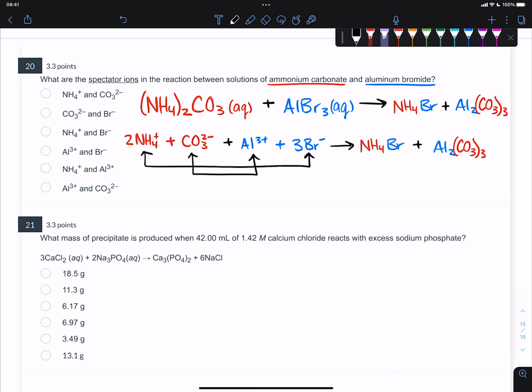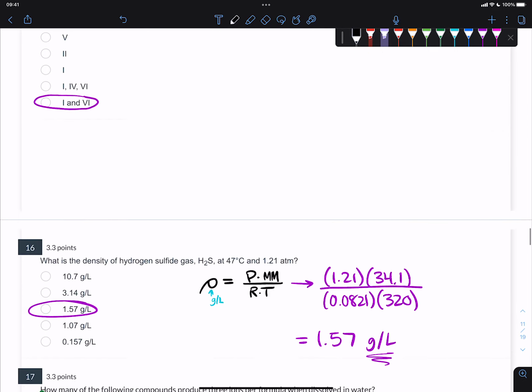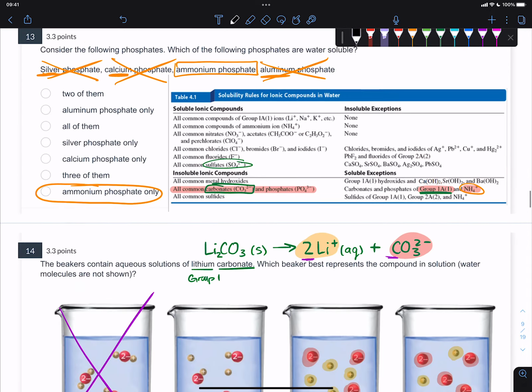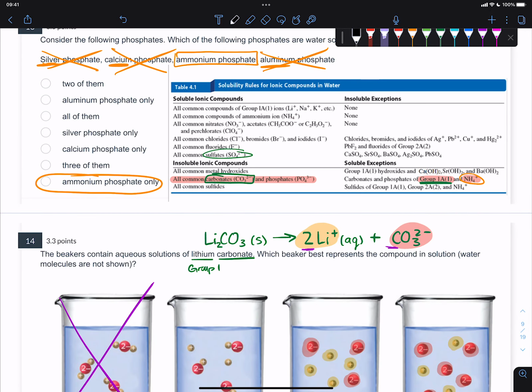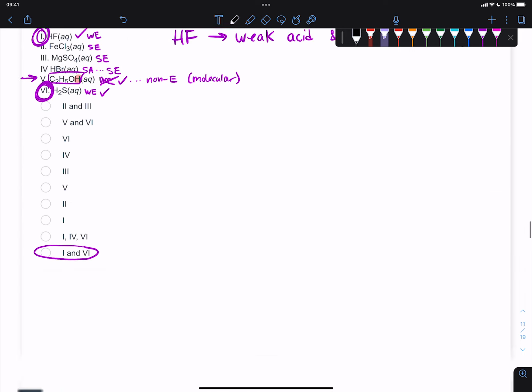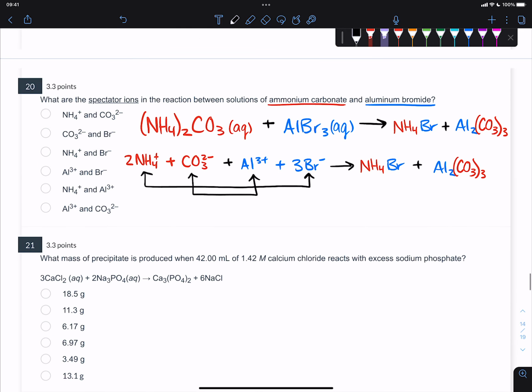So we have a carbonate and a bromide. Carbonates are not soluble unless paired with something from group 1 or ammonium. So let's take a look at our carbonate. This carbonate is going to be paired with neither a group 1 nor ammonium, so this is going to be our solid precipitate.